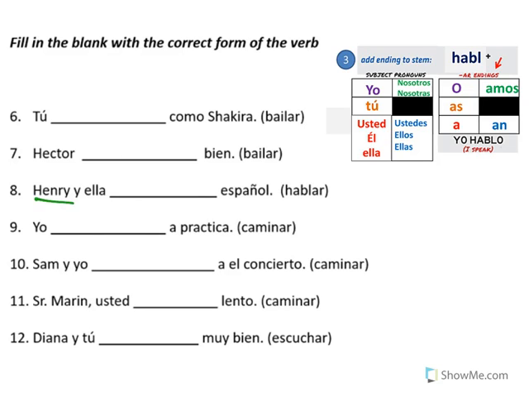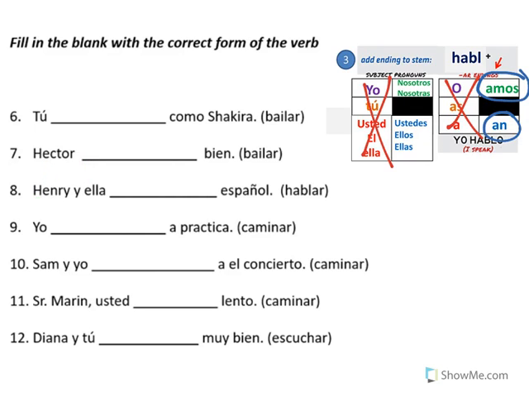So, Henry, that's one person. Ella, that's another person, which means that there are two people. That's important to know, because if it's two people, you can't use this side of the chart, which means you can't use that side of the chart. So you only have two possibilities. It's either going to be amos ending or an ending.